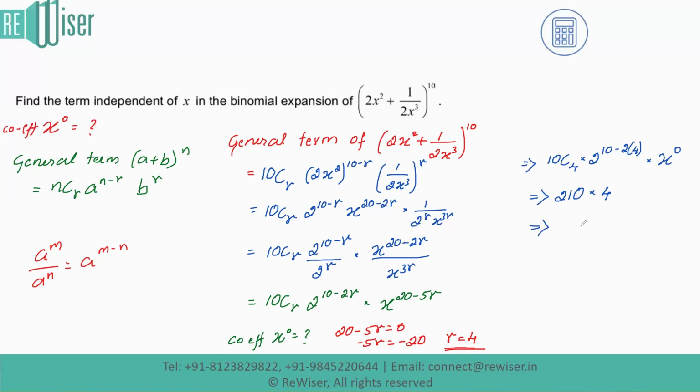That's why 840 will be the answer. So 840 is the coefficient, or the term independent of x. This is the right answer for this sum.